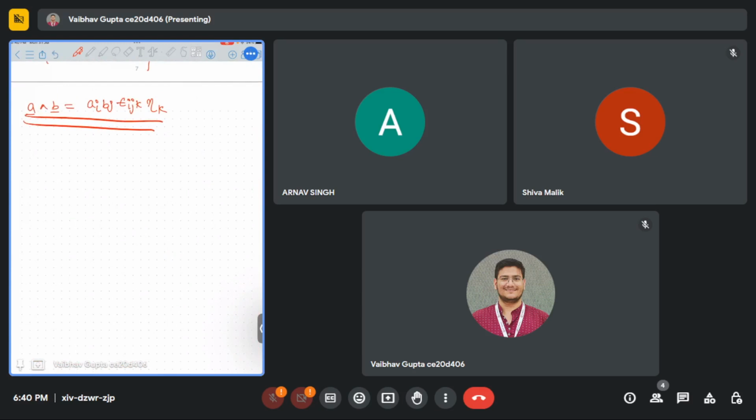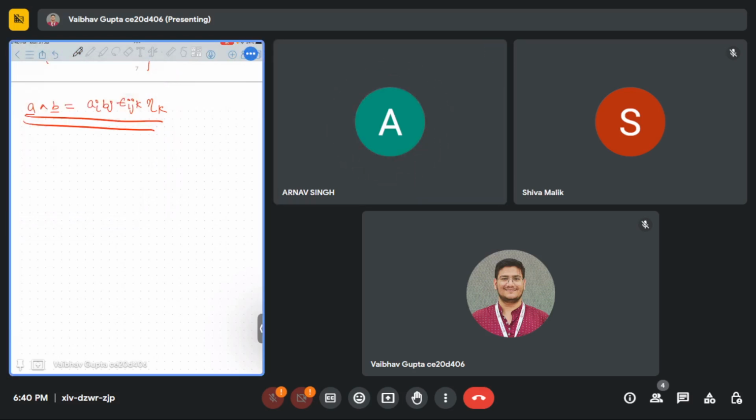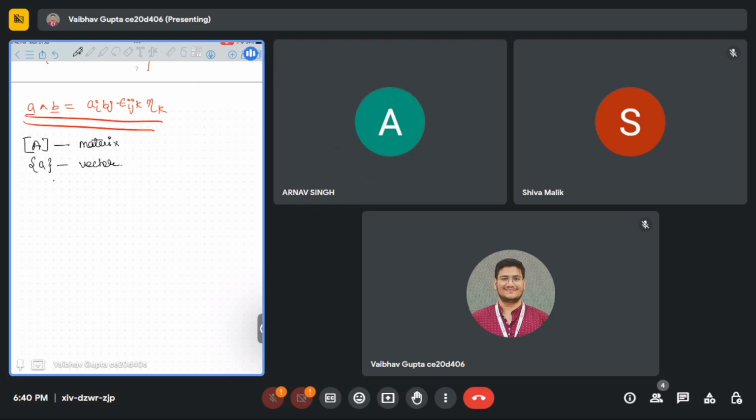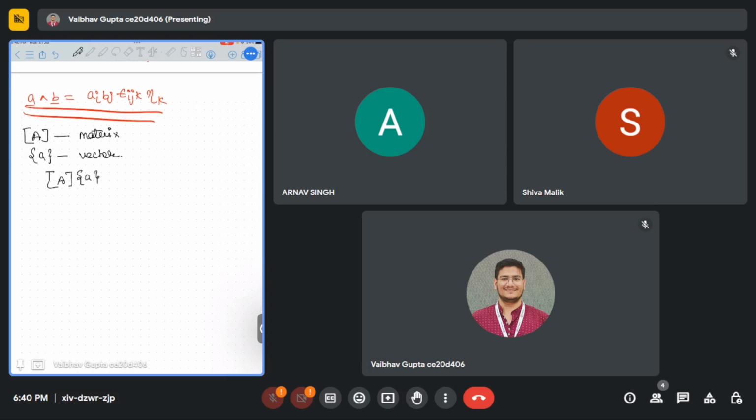So second thing, now in this, suppose this is a matrix, this is a vector. Now if we multiply a matrix with a vector, what we will get?